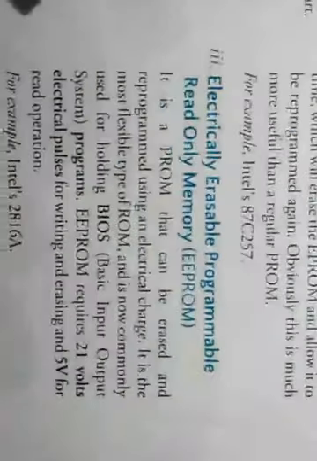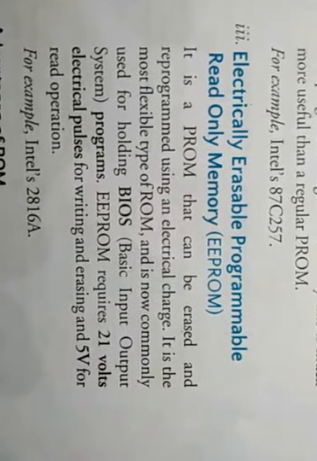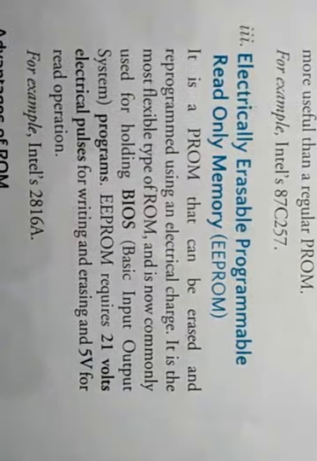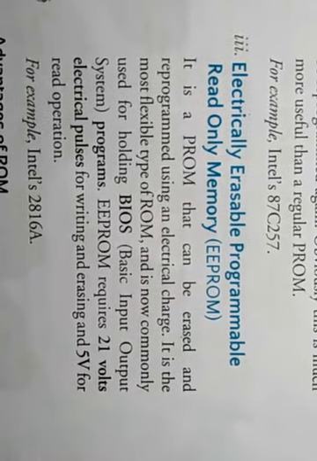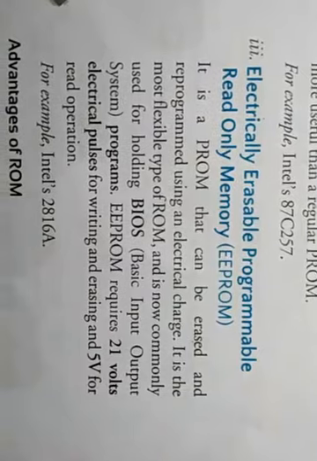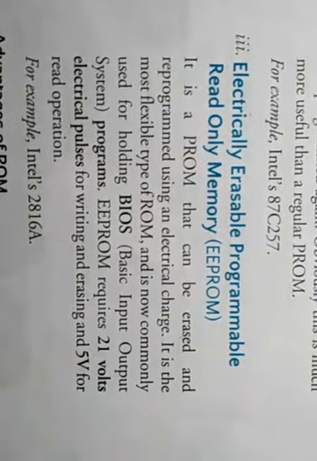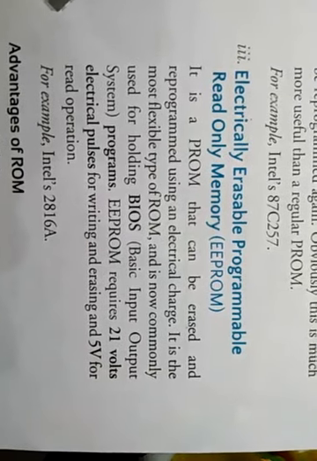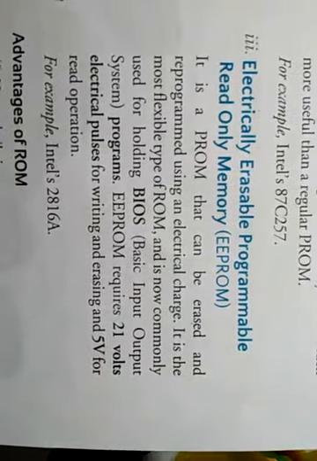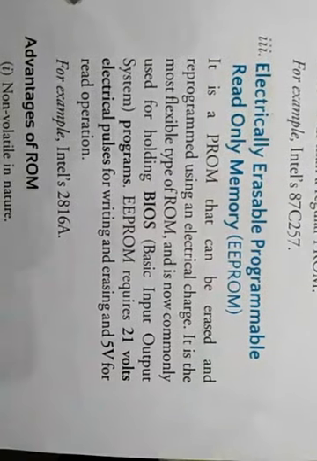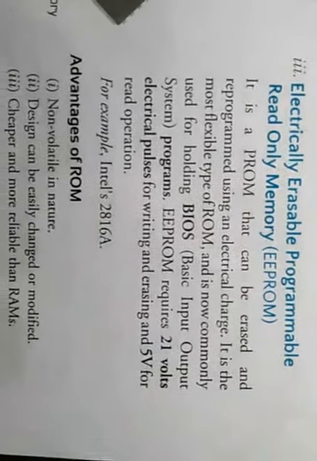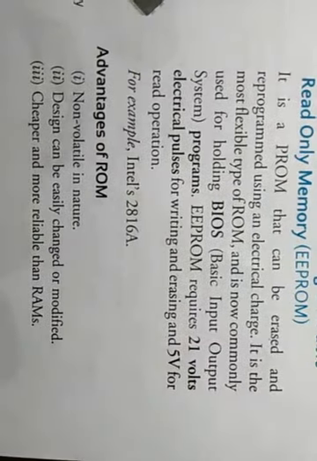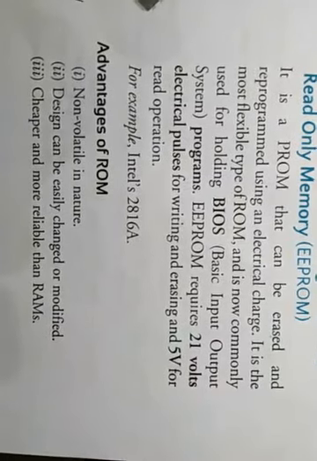And third category of ROM is EEPROM, electrically erasable programmable read only memory. In this memory, we can modify the instructions after storage, and this is easier to change compared to EPROM, and this is used in BIOS, which stands for basic input output system programs for the motherboards. Advantages of ROM are that it is non-volatile in nature, the design can be easily changed or modified, and it is cheaper and more reliable than RAM.